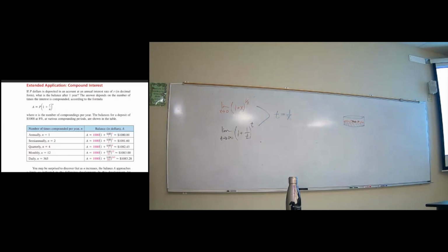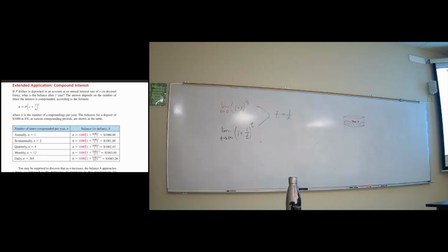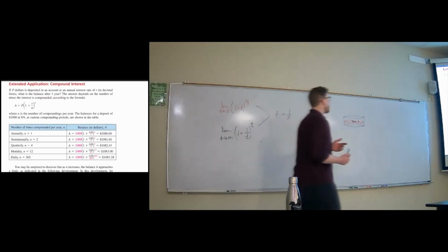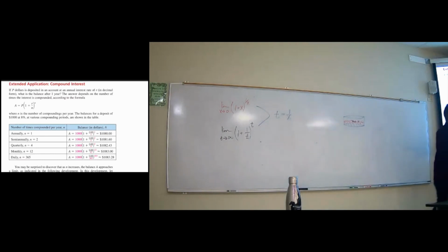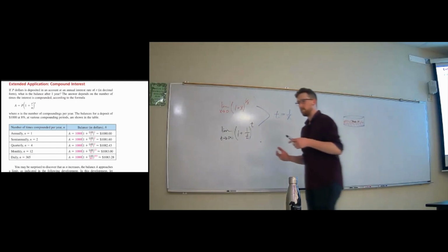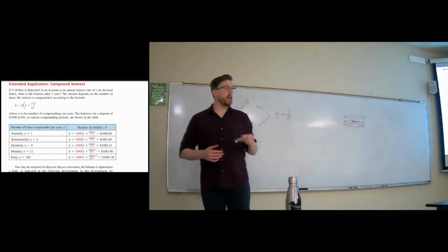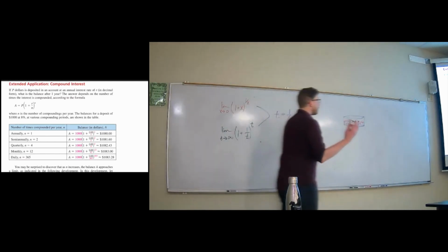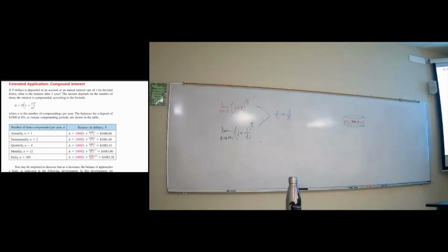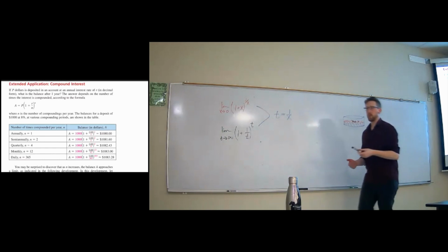So, having said that, when calculating the amount of interest that occurs over a period of time, what you're going to do is you're going to start off with your principal amount, P. You're going to multiply that by 1 plus the rate of interest divided by the frequency of how it compounds.